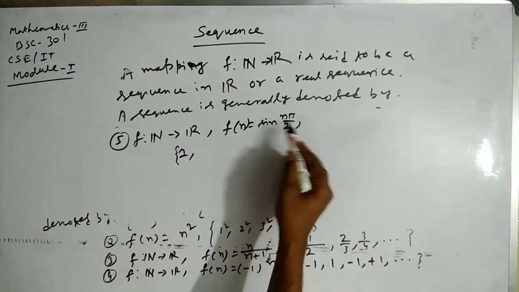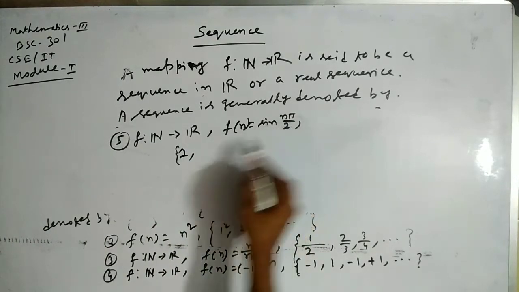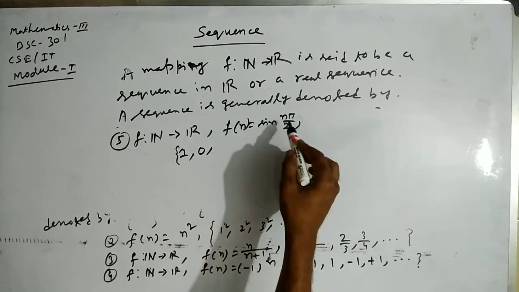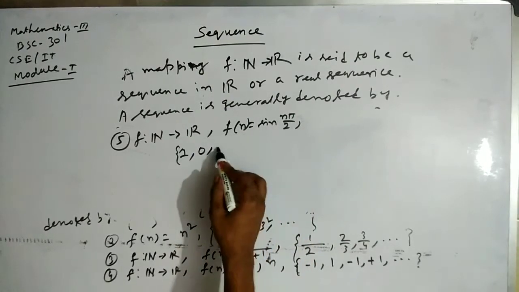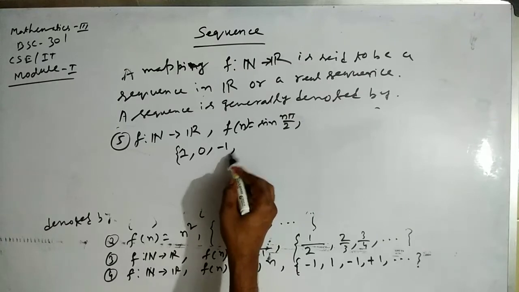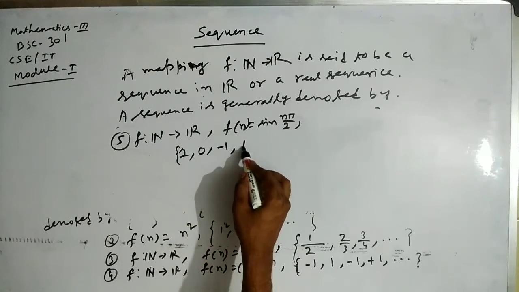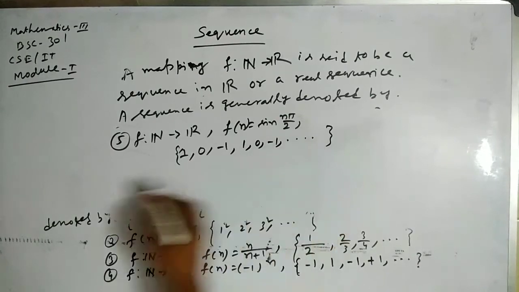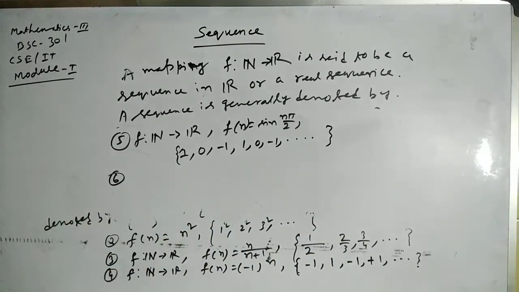For n equal to 2, sine pi is 0. Next, for n equal to 3, sine 3 pi by 2 will be minus 1. Again it will repeat 1, 0, minus 1. It will continue like this, and obviously these are all infinite sequences. This will continue infinitely.